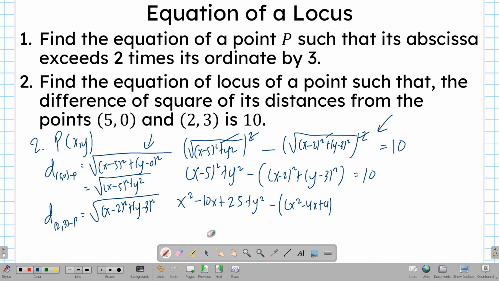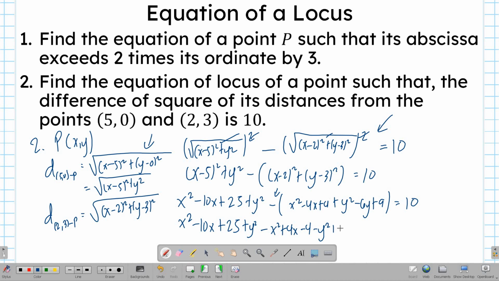At tanggalin na natin ito isang parenthesis dito. Plus naman, ito pa isa. Plus y squared minus 6y plus 9, and all of this is equal to 10. To combine like terms, let's distribute this. So we're going to have x squared minus 10x plus 25 plus y squared minus x squared plus 4x minus 4 minus y squared plus 6y minus 9.